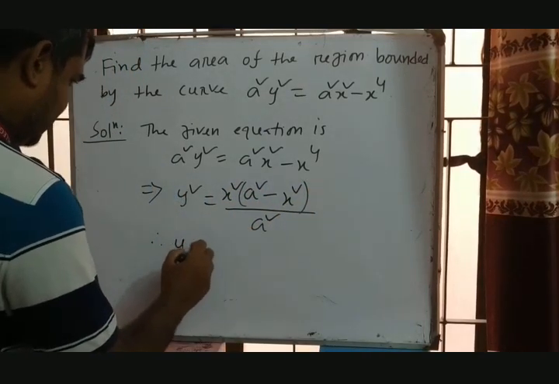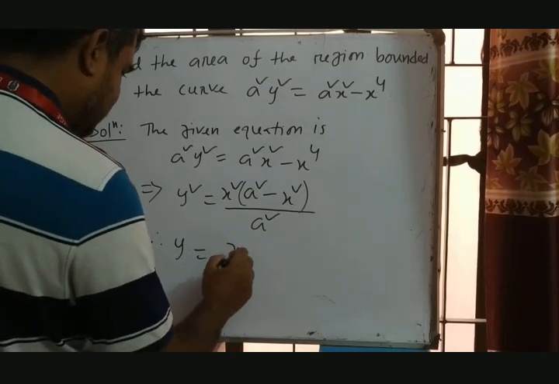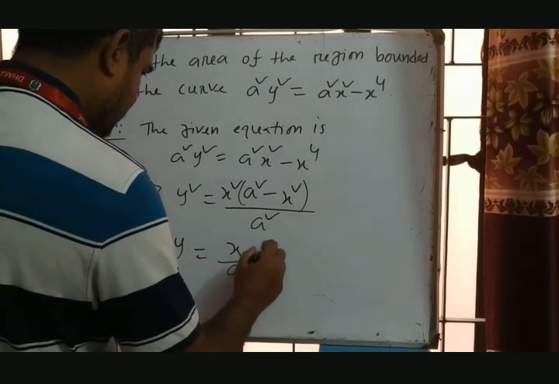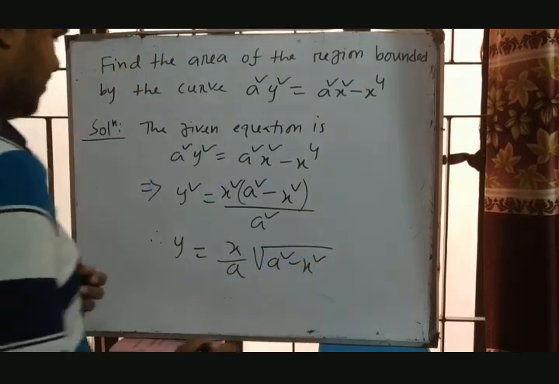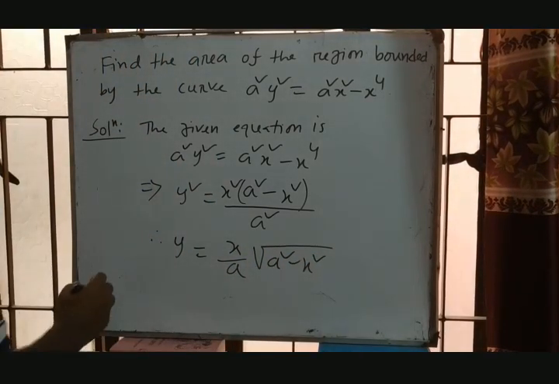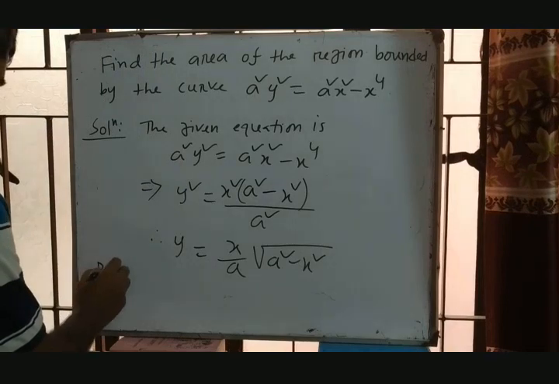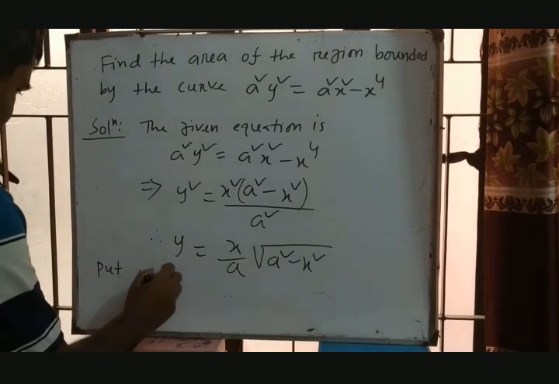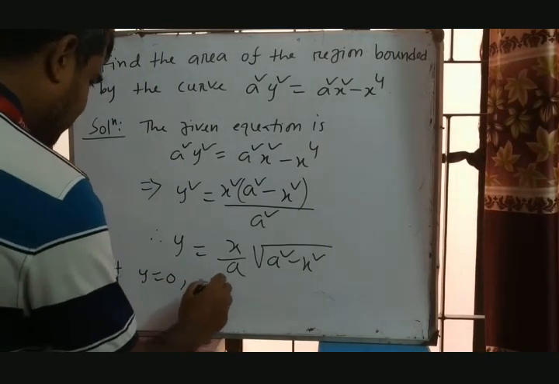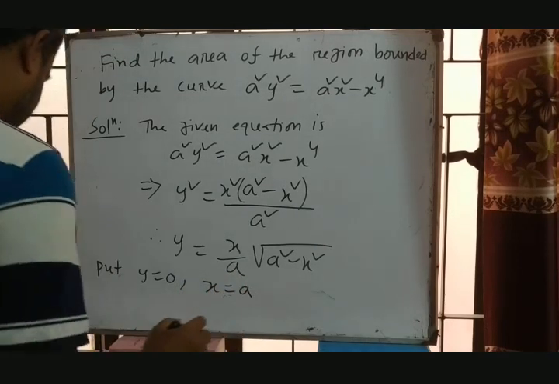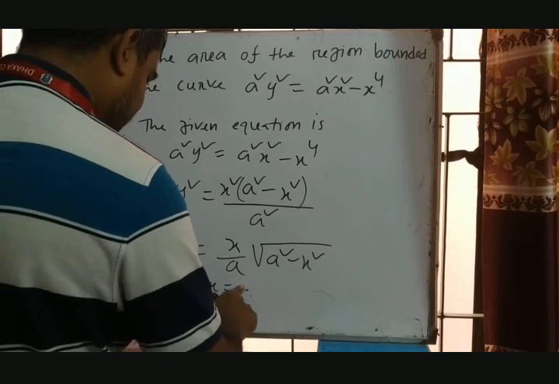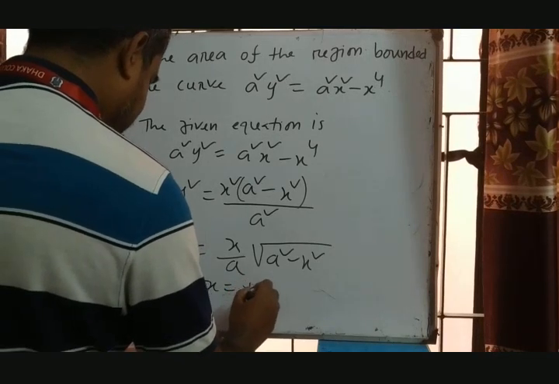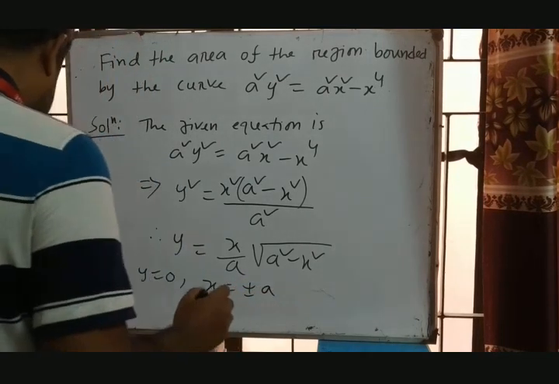So y can be written as x by a root over a square minus x square. Now put y is equal to 0, which goes to x is equal to plus minus a.